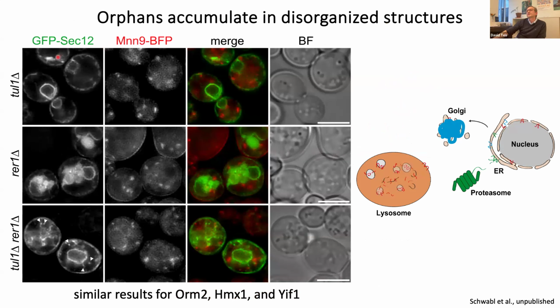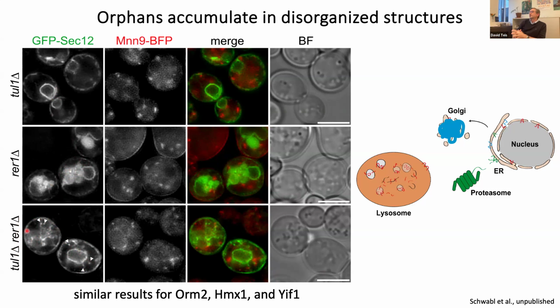So in wild-type cells, Sec12 localizes to the nuclear and the peripheral ER in yeast. In RER1 mutants, Sec12 exits the ER and is efficiently delivered into lysosomes. But if you have a TAL1 RER1 double mutant, Sec12 can still be detected at the Golgi and on these additional rather blurry compartments throughout the cell.